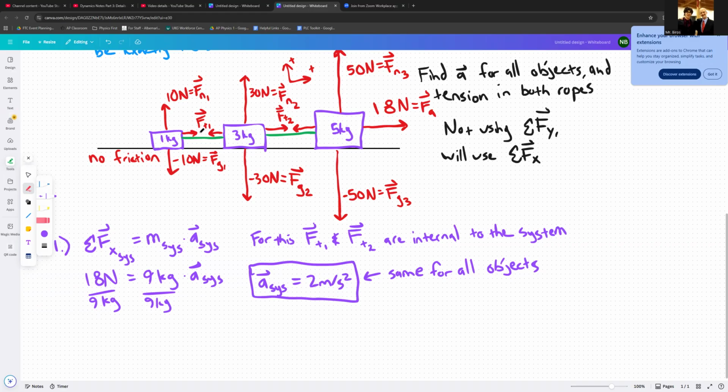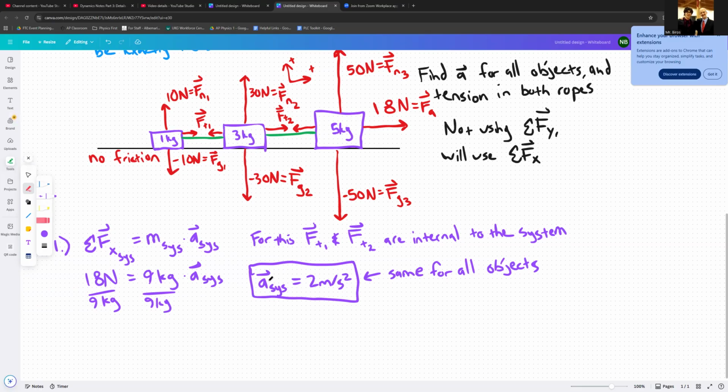So that 2 meters per second squared we just found, that is the exact acceleration for every single object in the system. That's a really nice help for these sorts of problems. Once you find an acceleration, maybe you could even start with, if you had the values and numbers to find the acceleration for the 3 kilograms specifically, and you found it was 2 meters per second squared, you can now apply that same acceleration to the other objects and to the entire system as a whole.